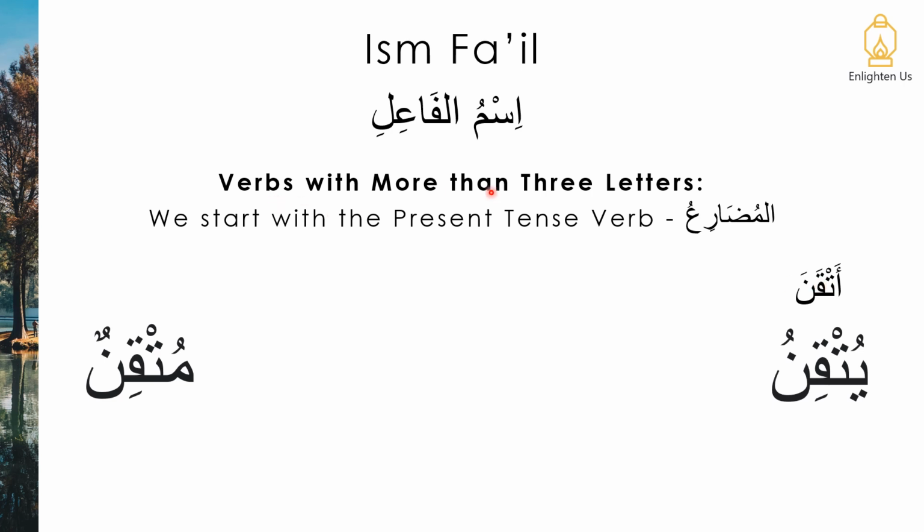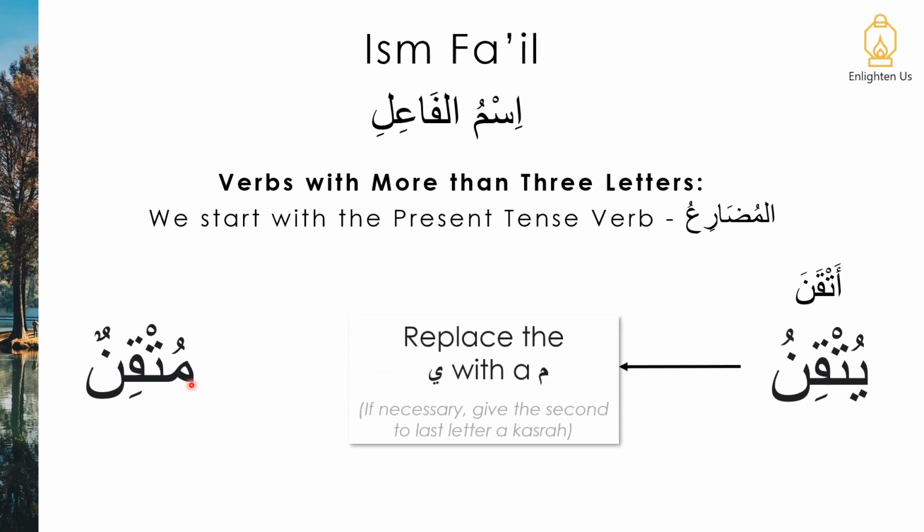So again, verbs with more than 3 letters, we start with the mudari', so we start with yutqinu. Replace the ya with a mim, so we have mutqin. As you can see, again, the ya has dropped off and we have the mim in its place. And again, it's an ism fa'il, so we are finishing on tanween. So we end up with mutqinun from yutqinu.